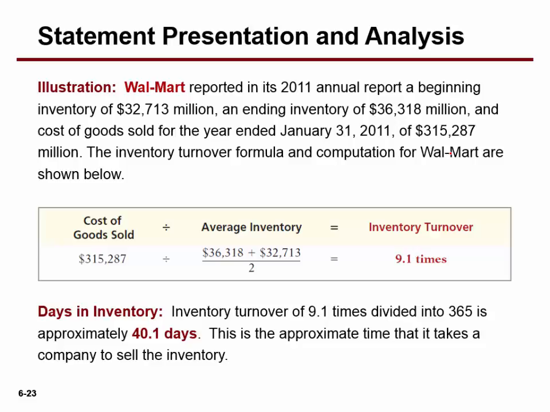Divided by 2 is 35,000, what? 515.50. Okay, good. So that means that on average, they had $35,000 worth of inventory, didn't they?